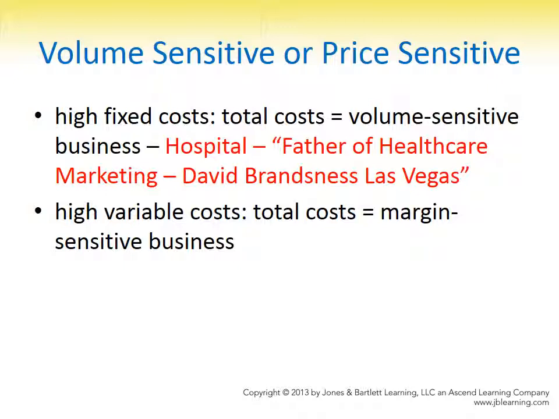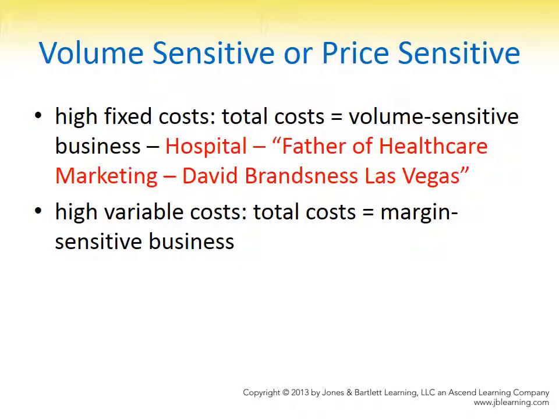Different services in healthcare that you're selling are volume sensitive or price sensitive. A price sensitive service would be something like plastic surgery. The total cost is highly variable based on what we use, and we're able to control that. It's based on the variability of the surgical time and support.